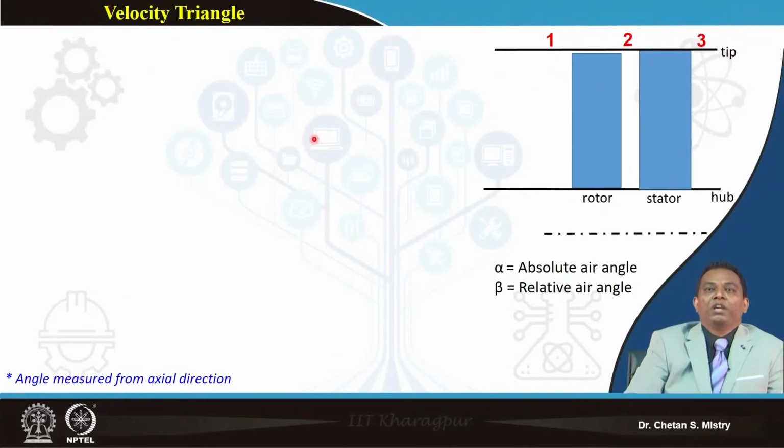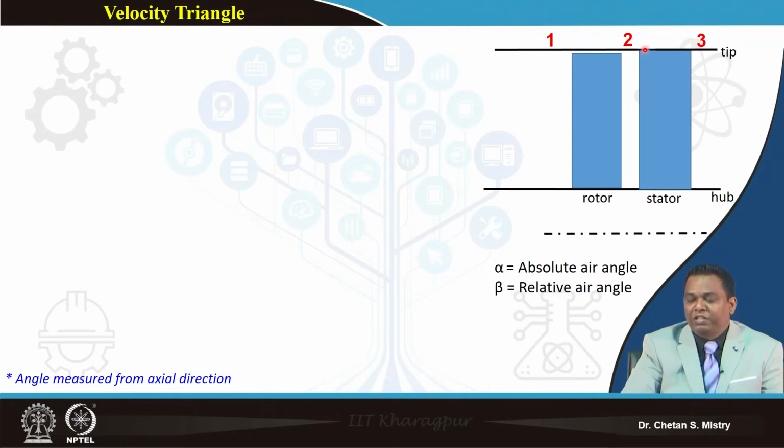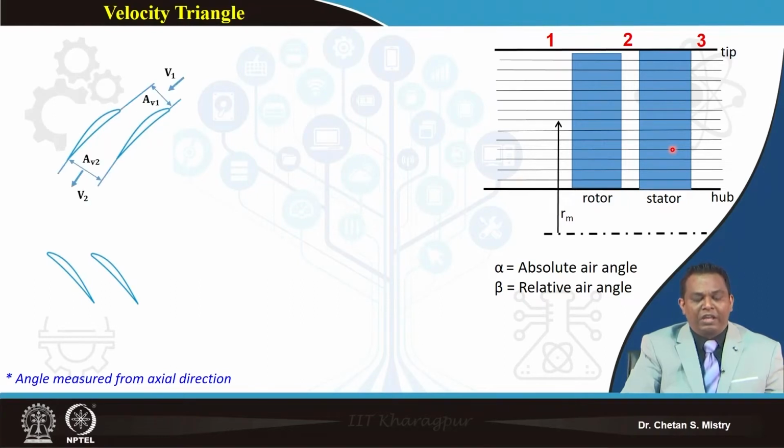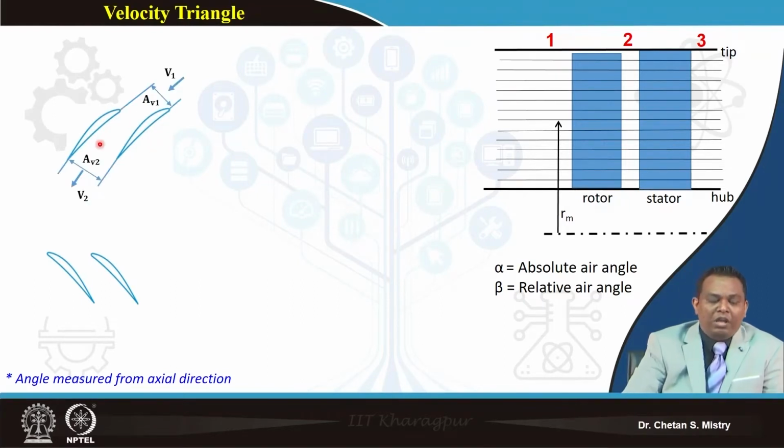Okay. So here, this represents my rotor and this represents my stator. If I take my midsection, I will show my rotor at that midsection as my aerofoil. My flow will be entering the rotor with relative velocity V1.